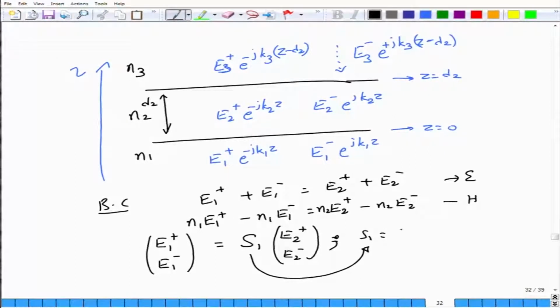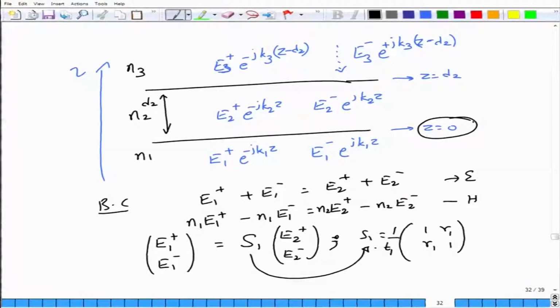So, if you do that, you will realize that this can be written as 1 by T1 times the matrix [1 R1; R1 1] times E2. So, that is the S matrix. Okay. So, the S1 matrix, which is applicable at the first boundary z equal to 0, has the structure of a 2 by 2 matrix.